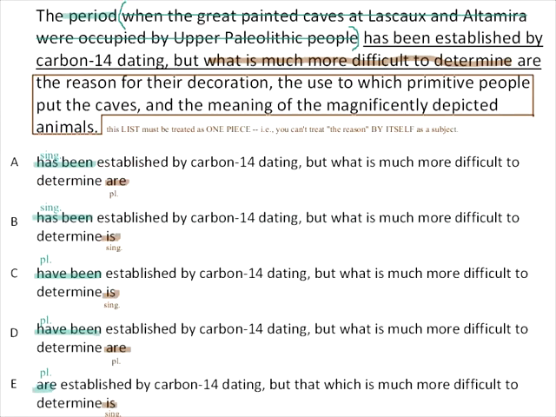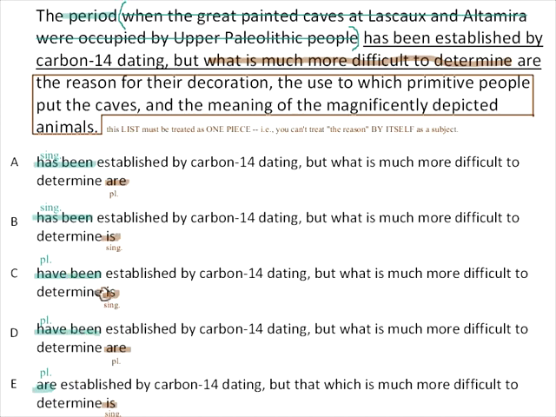Okay, when we're talking about eliminating, it's like this. This thing that we crossed off here is a subordinate clause. So the period, when, and so on. Great Painted Caves, for example, is not a subject because it's trapped in a subordinate clause. It is the subject of this other verb, which is trapped inside this clause. But the Great Painted Caves is not the subject of this main sentence.